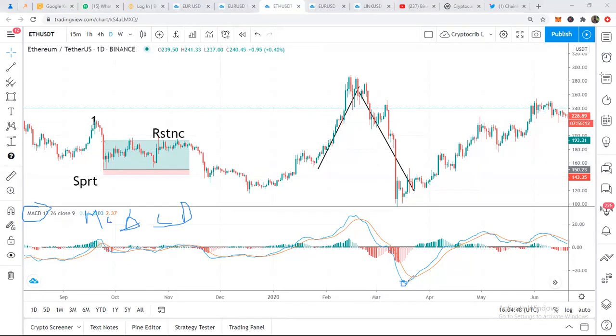Whenever this blue line intersects this orange line upward, it's a sign to buy, a bullish sign. And whenever this convergence, the blue line, intersects this orange line downwards, it's a strong sign to sell. Okay, I understand. The same applies to other time frames.